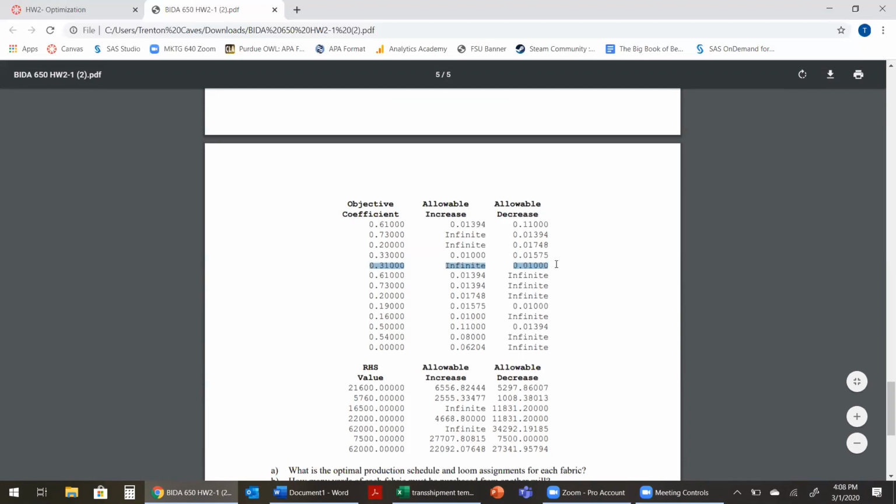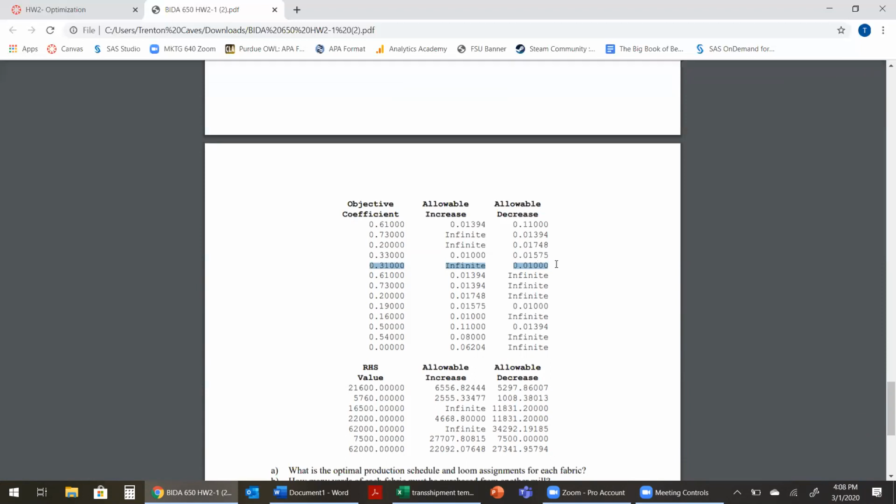It says the allowable increase is infinite and the allowable decrease is 1 cent. So if the selling price increased to $1, would the production schedule change?